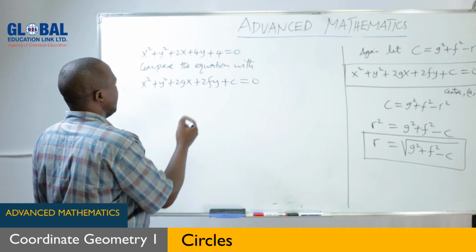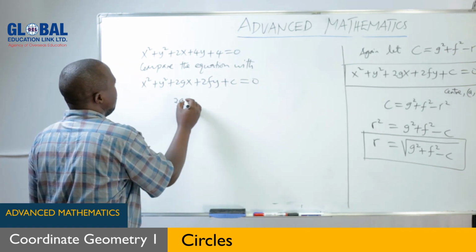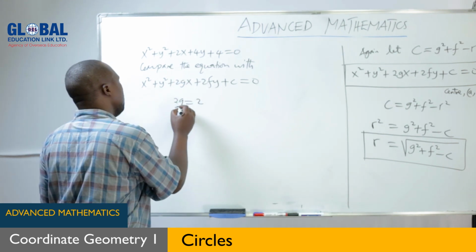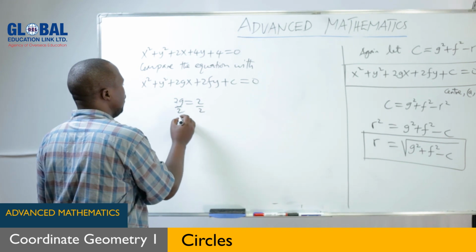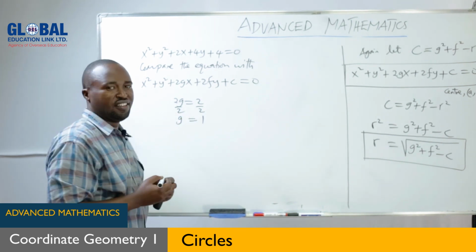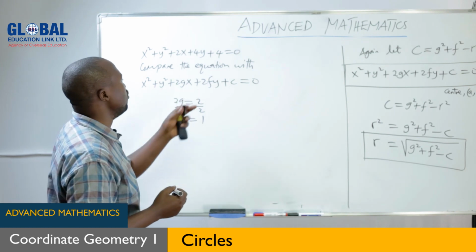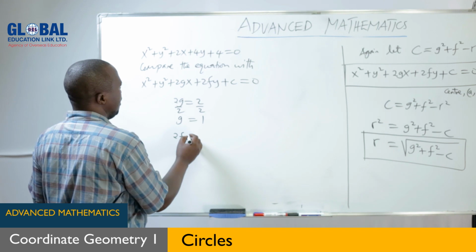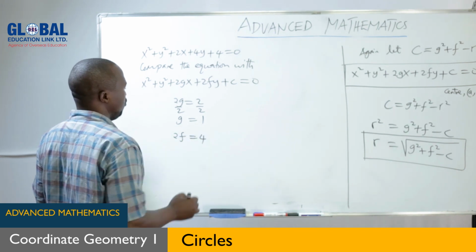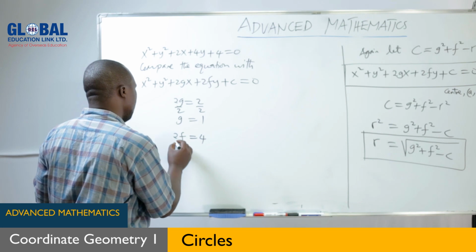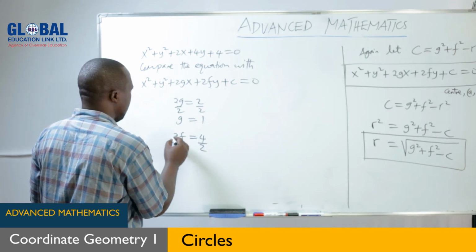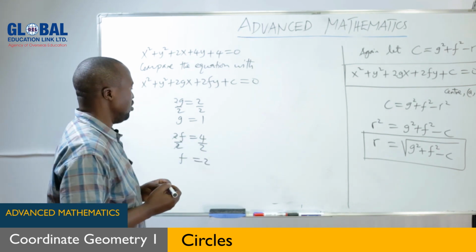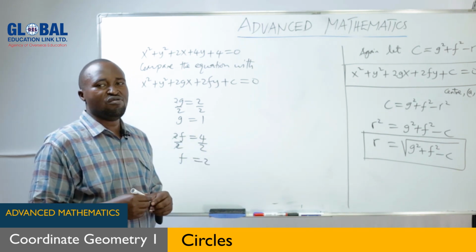So in this case, 2g will be equal to 2. Therefore, dividing by 2, we have g is equal to 1. We'll do the same for f, that is 2f is equal to 4. So here we divide by 2, then we have f is equal to 2. So in this case, we have the center.